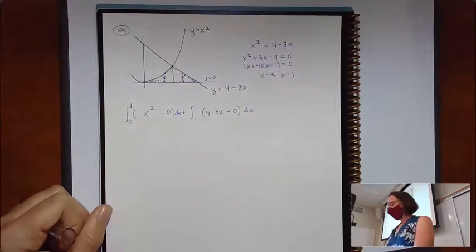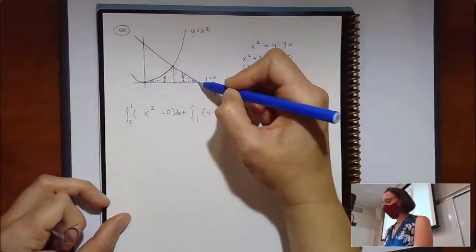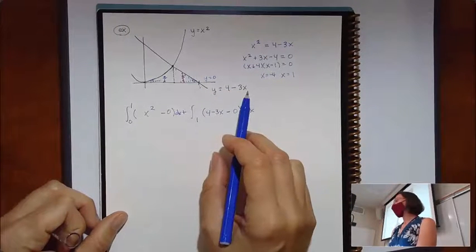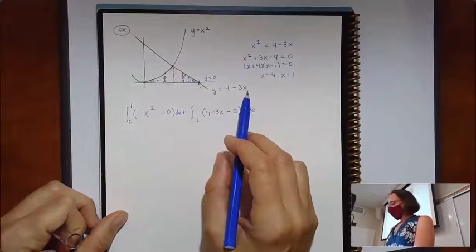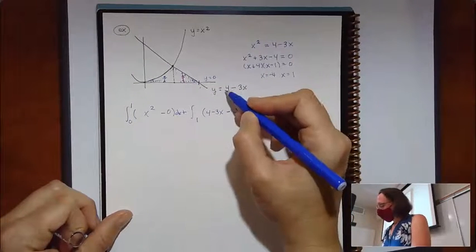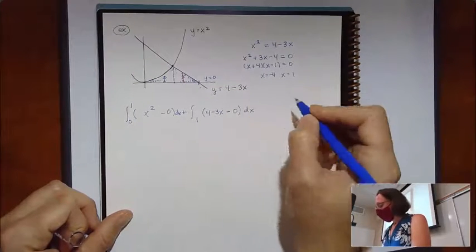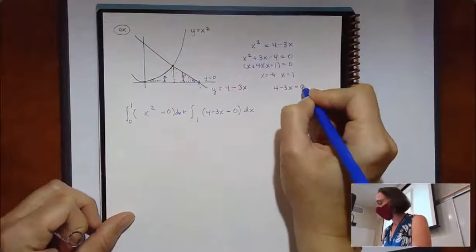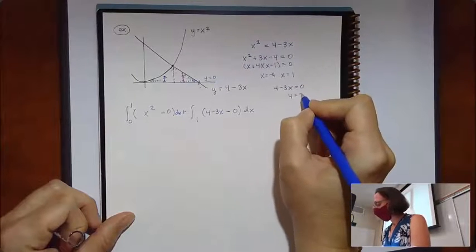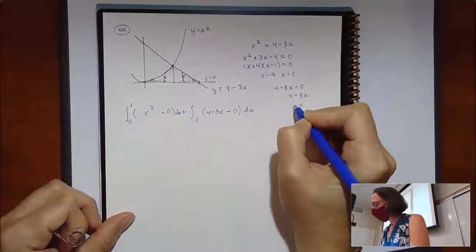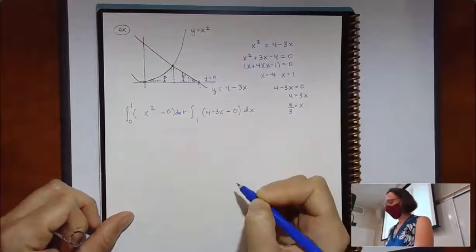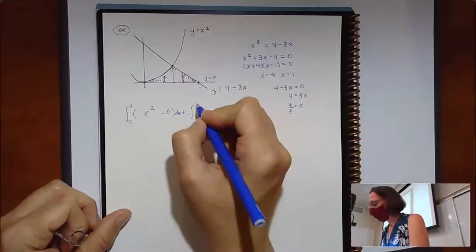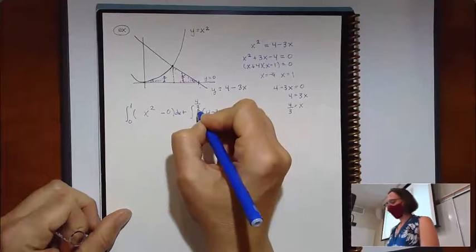Now for the something else, I need to figure out essentially the x-intercept of this curve. So I'm going to take y equals 4 minus 3x and set that whole thing equal to 0, and I get that x is equal to 4/3. So the second one, I'm integrating from 1 to 4/3.